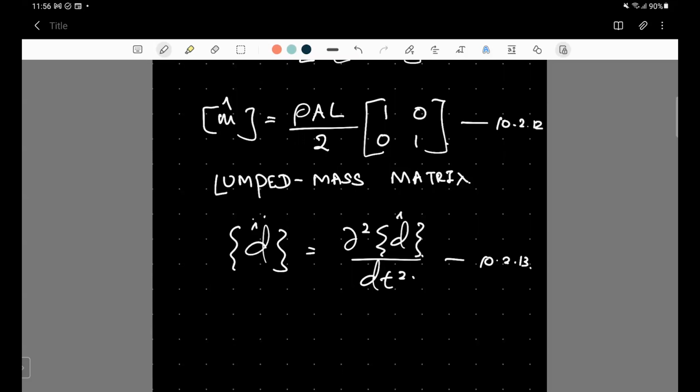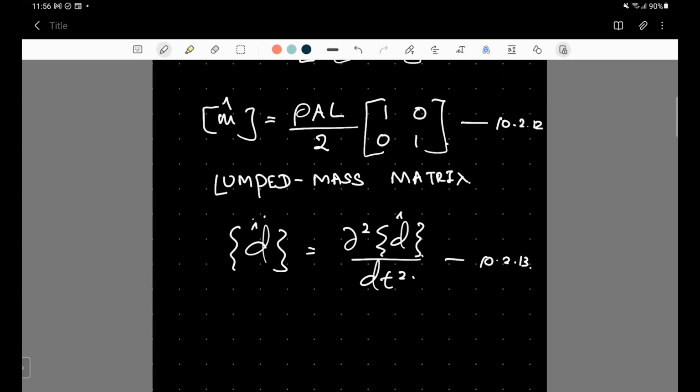And there is also another method which we can attribute it as, yeah, I think it's noteworthy if I can mention this approach also, the consistent mass matrix approach.